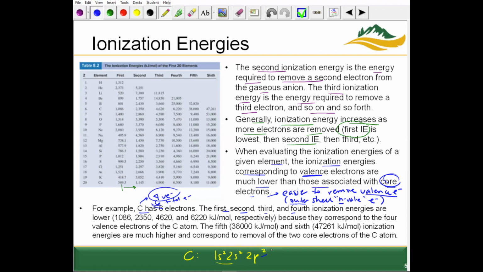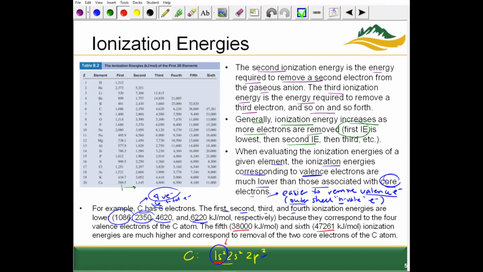So removing one of these electrons requires this much energy, the second electron, this much, a third, this much, a fourth, this much. Look at this difference here when we start to get into the inner shell electrons, or the 1s2 electrons. Those ionization energies to remove these electrons are really, really large.